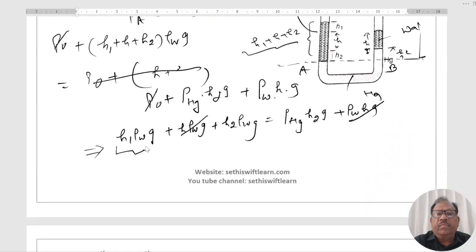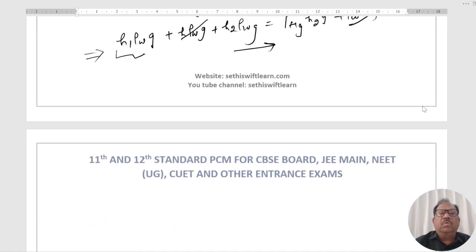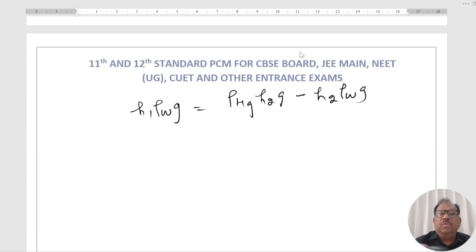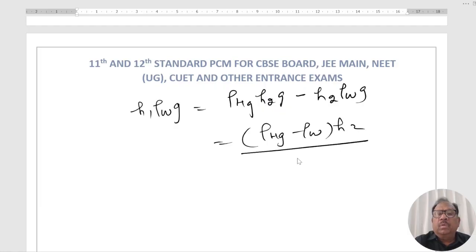If we shift this to this side, then H1 rho W g comes out to be rho Hg H2 g minus H2 rho W g. Right? Now g cancels. So, taking H2 common, rho Hg minus rho W, into H2, upon rho water. g cancels with g, H2 is taken common, and this comes out to be H1.